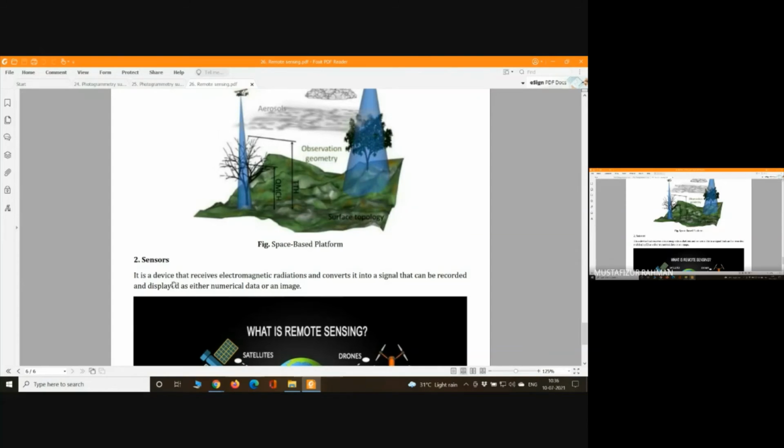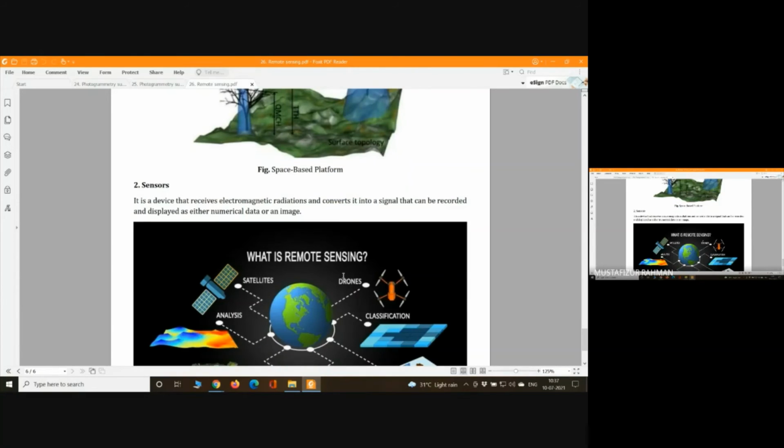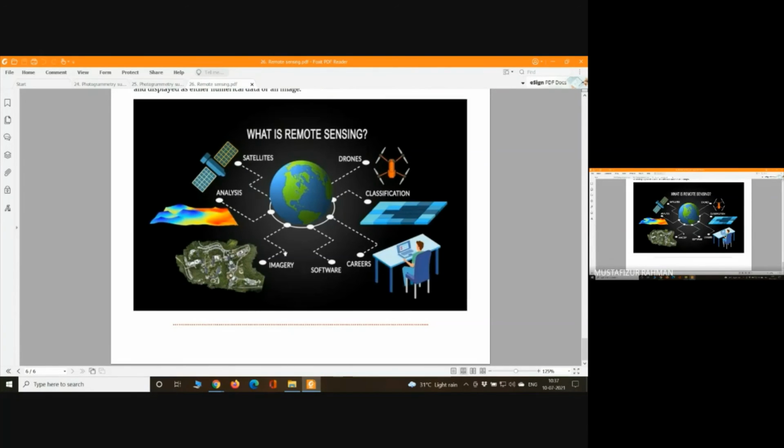Sensors are the devices that receive the electromagnetic radiation and convert it into signals based on the energy distribution pattern on the ground. Based on that, we will prepare the maps.